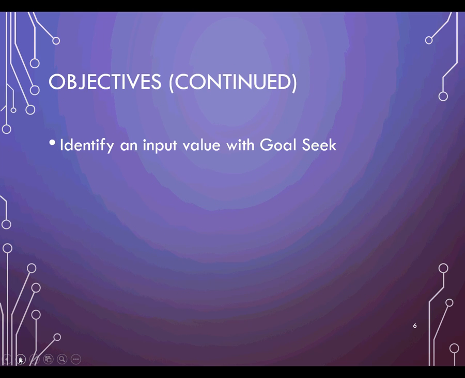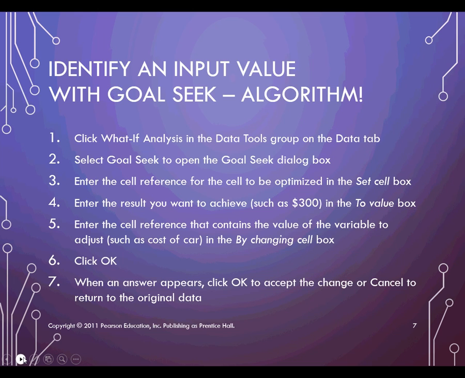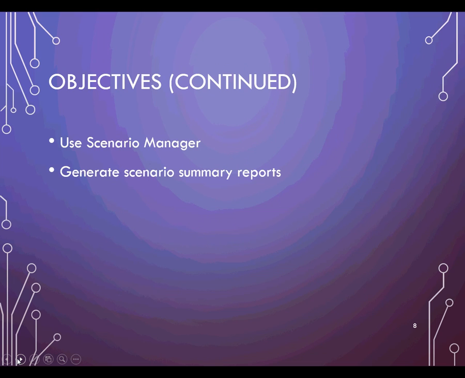We have also looked at the algorithms on how to create these, and on the last video we reviewed how to create a goal seek what if analysis scenario, which was great because we could work a problem backwards, like the savings problem where we wanted to save $30,000, and we said, how much money am I going to need to save every month if my goal is $30,000 at the end of 3 years? And here's the set of steps which you also have in the PowerPoint in your course documents on Blackboard.